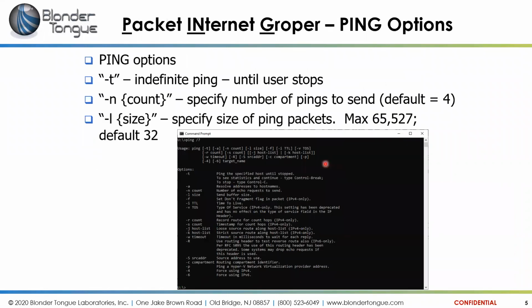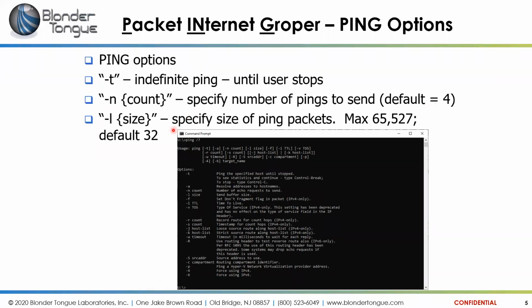Here are some options. If you type ping /? it'll give you the list of options that you can add to the ping command, like ping and then the IP address, and then -t would give you an indefinite ping. The default is 4. You can change the default count with -n and do 10 or 100 pings instead of 4.